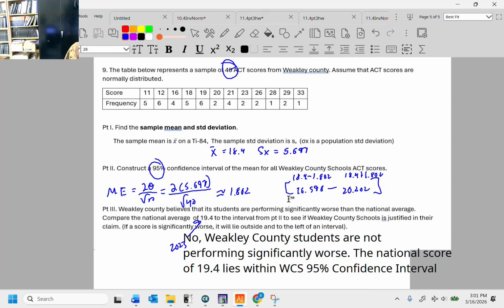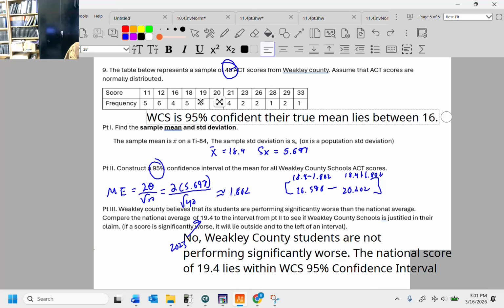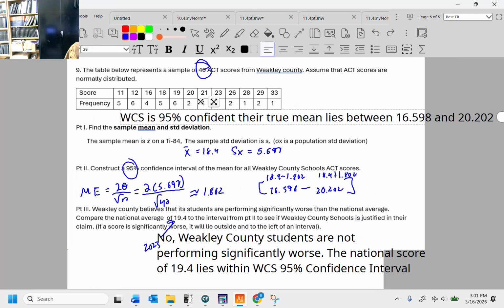What this means right here, and I know this is kind of funny, especially since that doesn't look like a 16, but it is. But this means that Weakley County school system is 95% confident their true mean lies between 16.598 and 20.202.